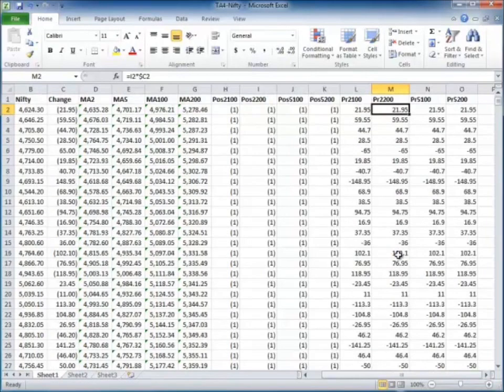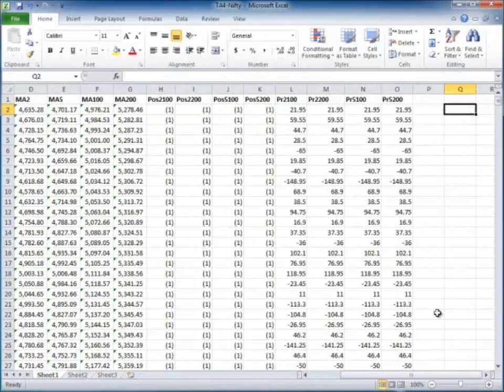And now obviously the most important thing is the total. So look at how much these strategies would have made. So let's say I have the total profit for the 2 and 100, total profit 2 and 200, total profit 5 and 100, total profit 5 and 200, and then I'm going to have the total profit for buy and hold.